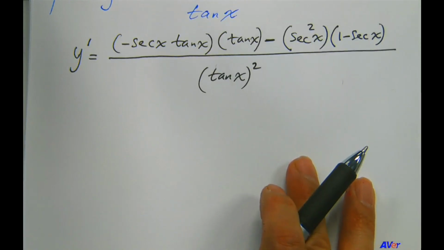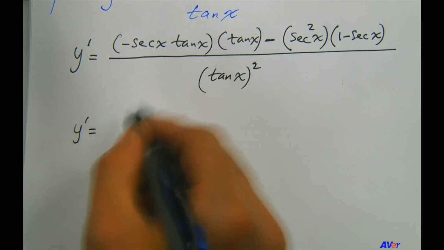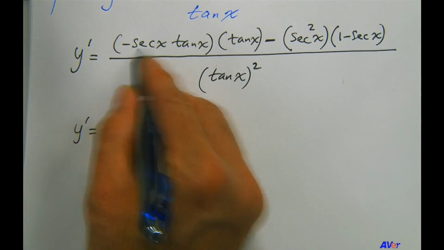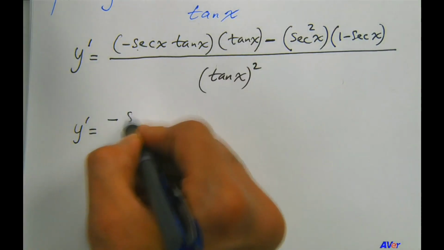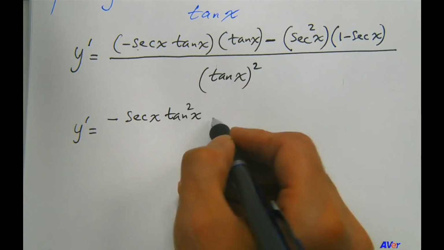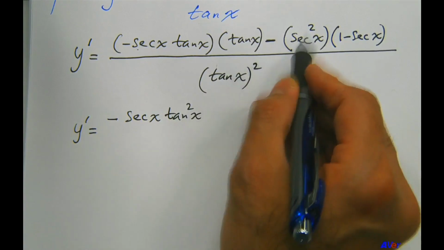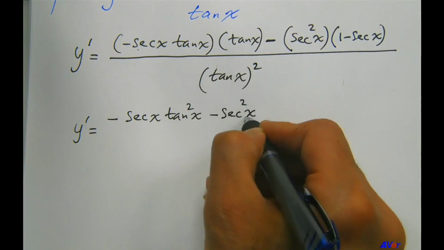So let us distribute things in order to simplify these. So we have minus secant x times tangent squared x, right? Because of these two. And then minus, let's distribute this, minus secant squared x times 1 is minus secant squared x.